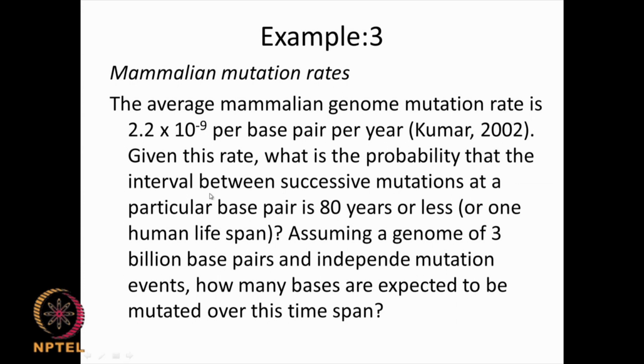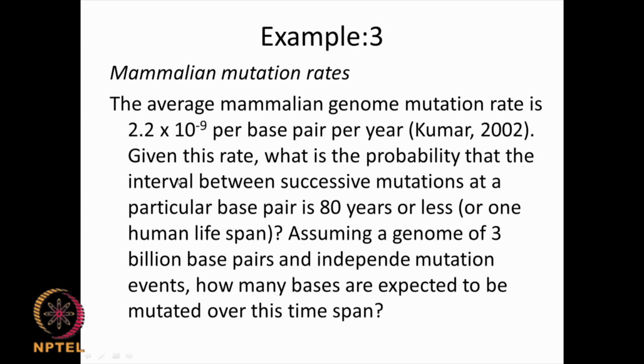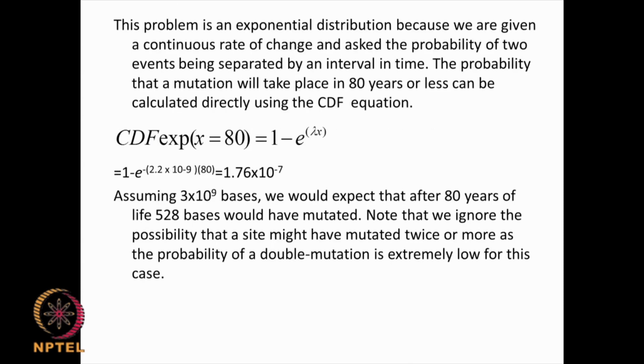So, we want to look at what is the probability that the interval between successive mutations is 80 years or less. So, what do we do? 1 minus e power minus lambda x. X is your 80 years, lambda is 2.2 into 10 power minus 9.